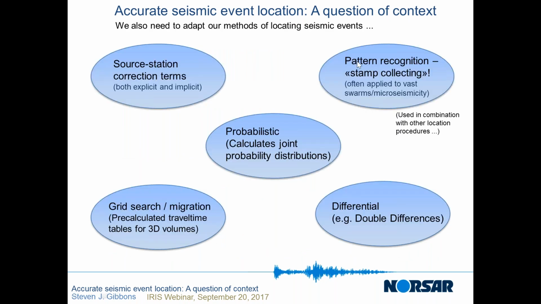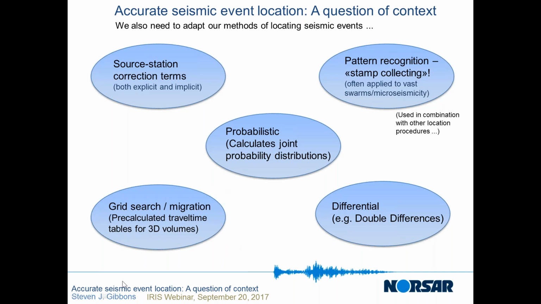And of course, finally, there's the method that we apply. There are many different procedures that we can apply in our algorithms for event location. For example, source station correction terms, which we can impose if we know that the model to some station is deficient.